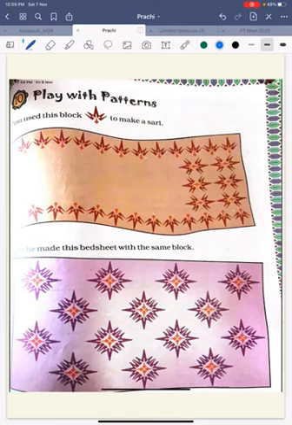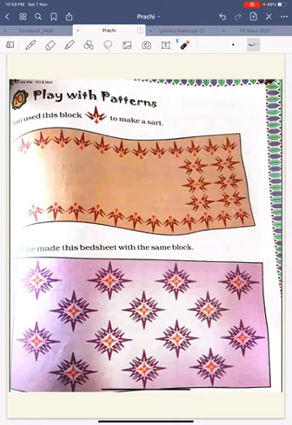So you can see the picture of a block. This is a block to make saris. These types of patterns you have seen in saris your mothers wear, or on bed sheets, or on curtains also.